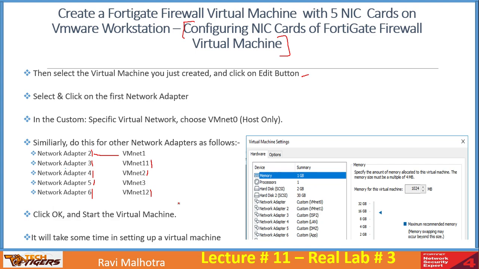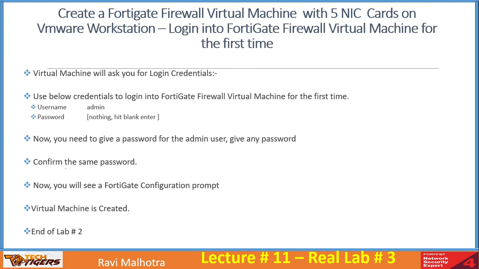Let me move on. Now this slide talks about logging into the FortiGate Firewall virtual machine for the first time. So that's the objective of this lab. The virtual machine will ask you for login credentials once it is initialized and installed. Use the below credentials to log into the FortiGate Firewall virtual machine for the first time.